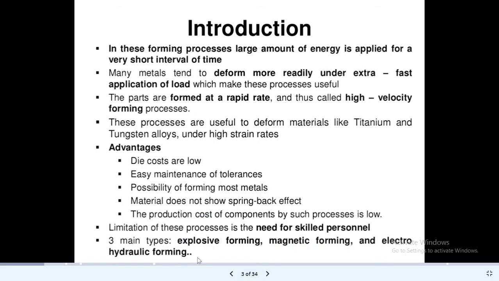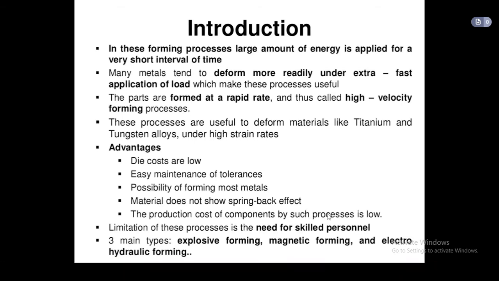Next, the production cost of the component by such a process is low. The production cost of the component is low in this process, because in a conventional forming operation, the cost of the press, the die, the punch, or the cost required to operate the punch is very high.